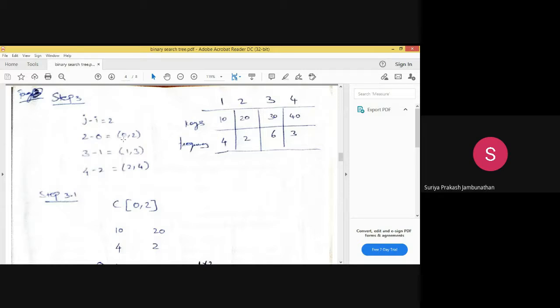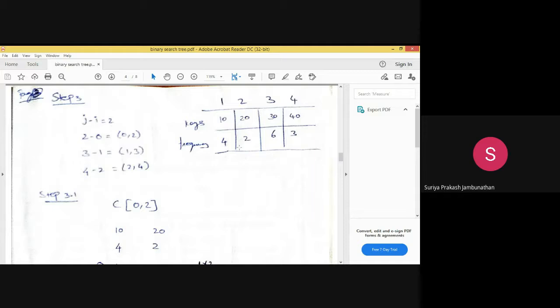So writing in i comma j format, we get 0 comma 2, 1 comma 3, and 2 comma 4. These are the 3 different combinations we are getting. For C of 0 comma 2, we have to identify the value. The size we have taken is 2, so we can consider 2 values from the given problem statement.